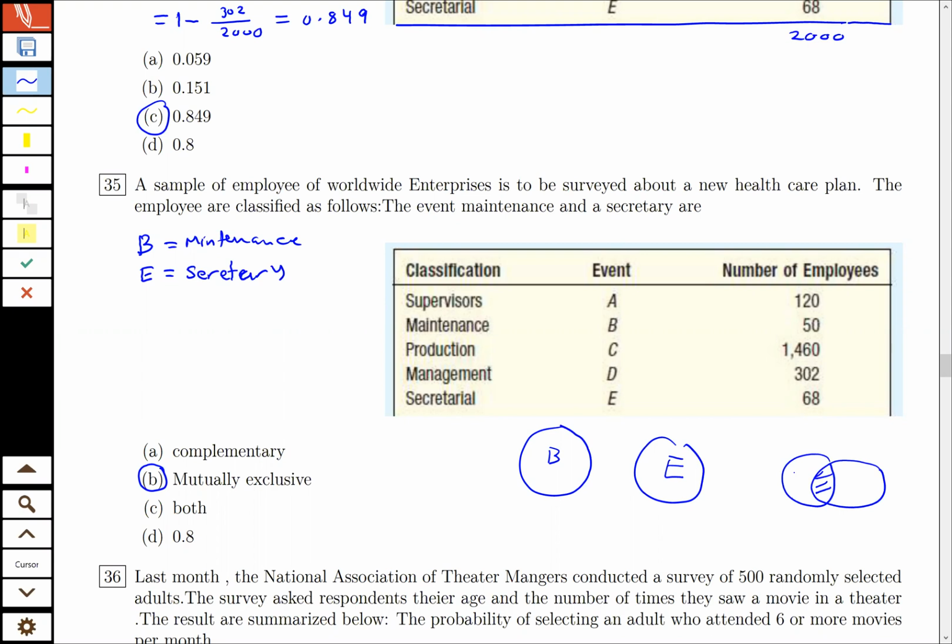So the right answer is mutually exclusive, meaning no common elements in between. Okay, now let's continue to the next question.